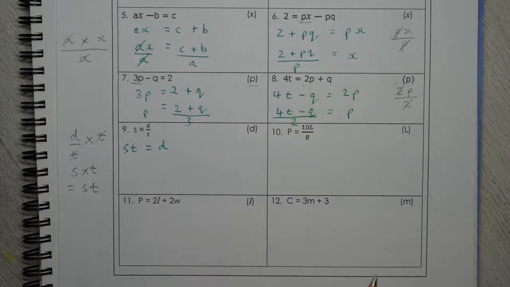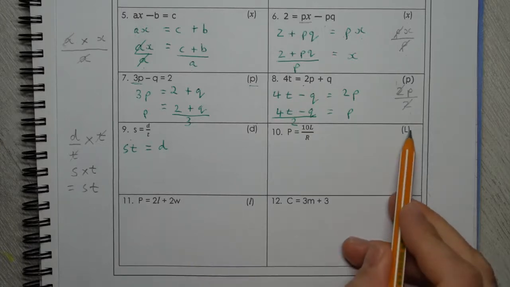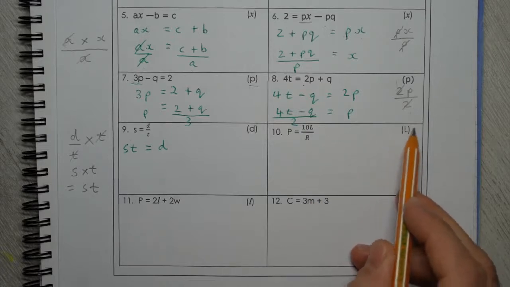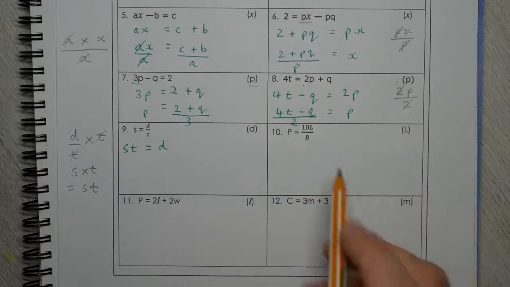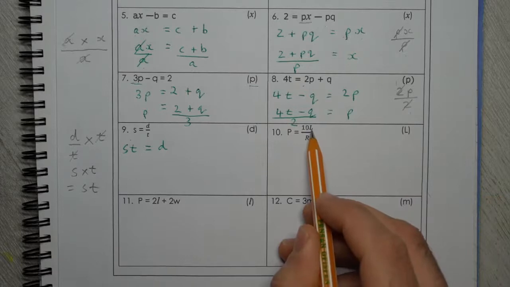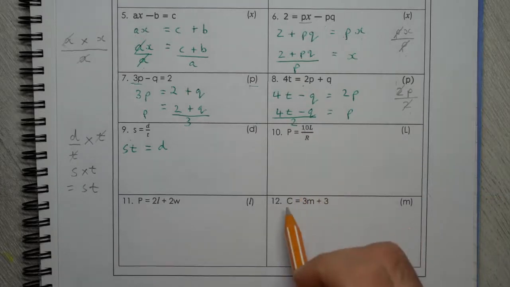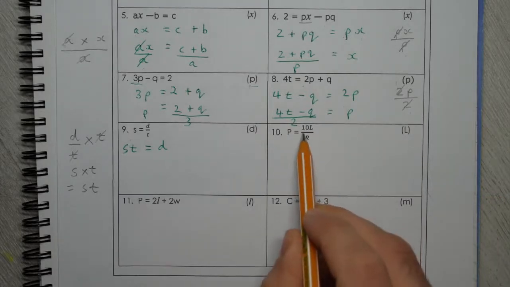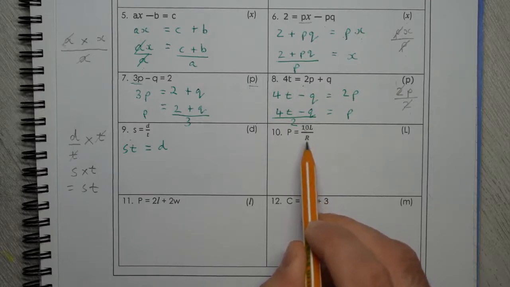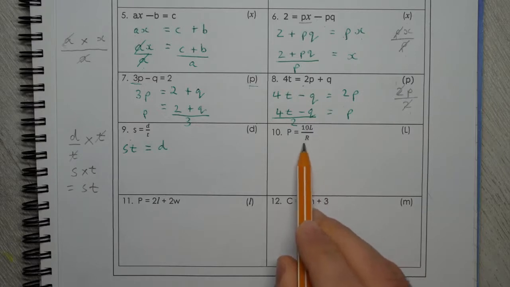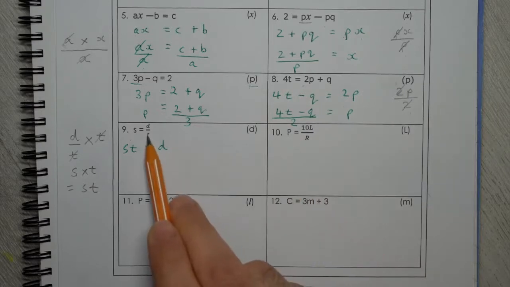The next question, question 10. We need L, the subject of the formula. So, as you can see, L has 10 with it. So, I'm not going to remove 10 first, but what I'm going to remove is the all over R, as we did here.